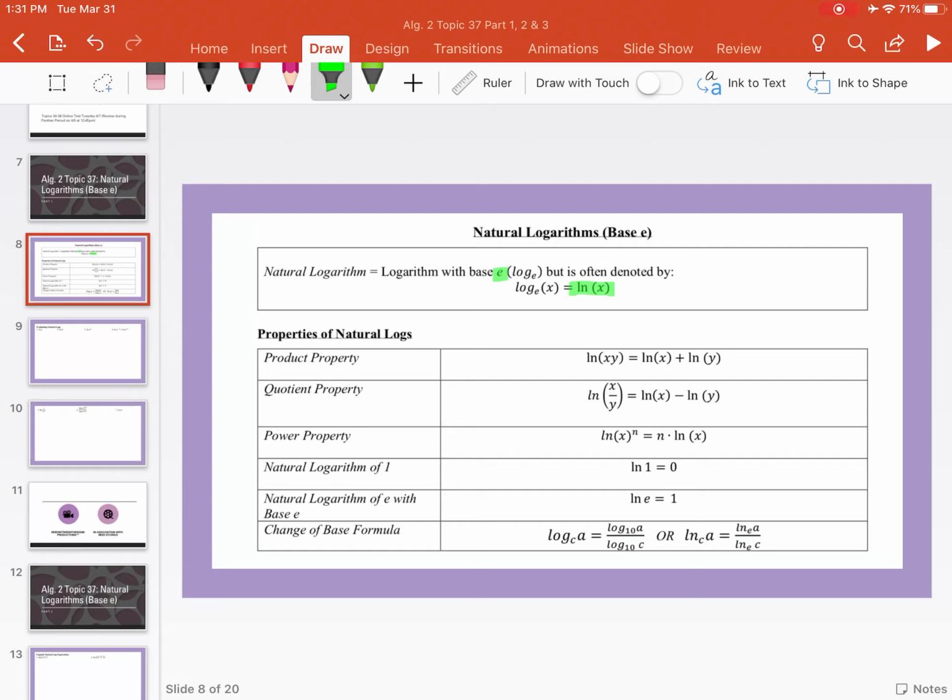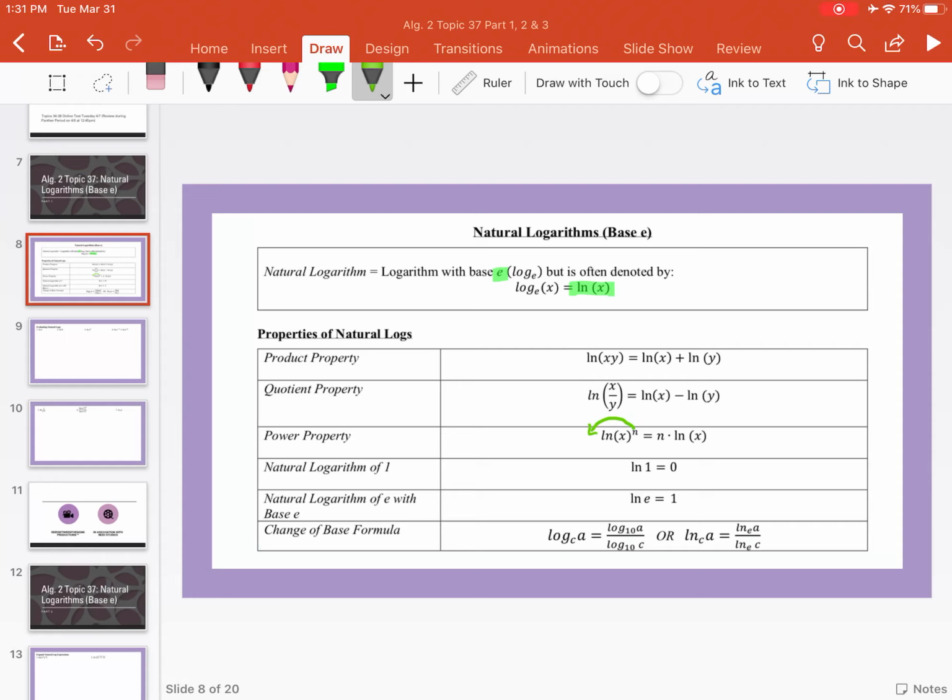So all of the properties that we have dealt with regular logarithms also apply to natural logarithms. Here we have the product property, the quotient property, the power property, where when we have an exponent, we bring it down in front.